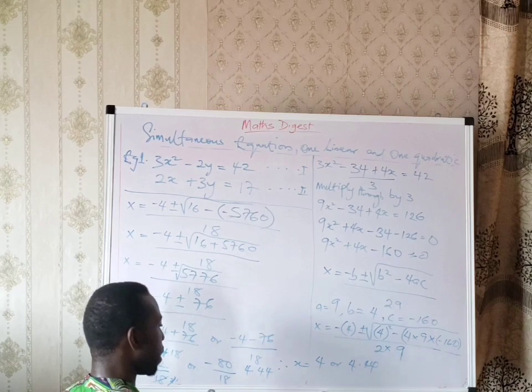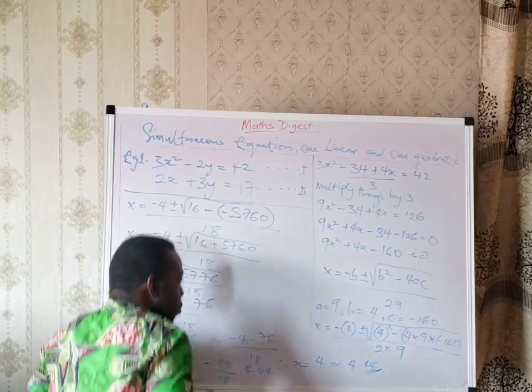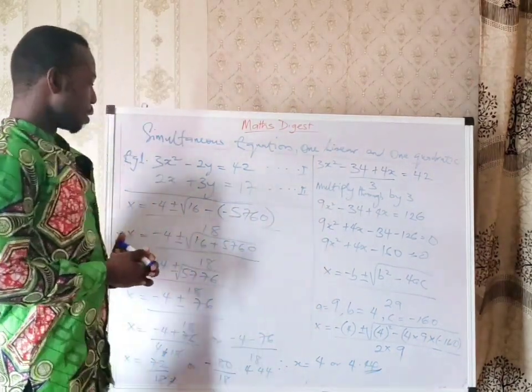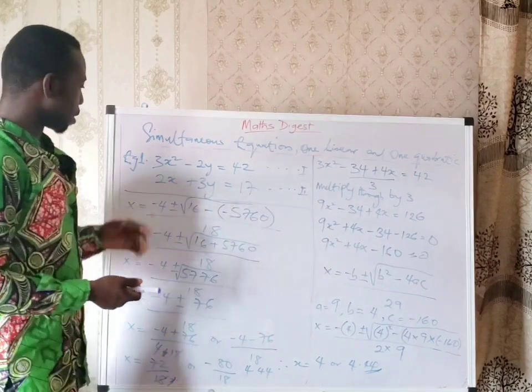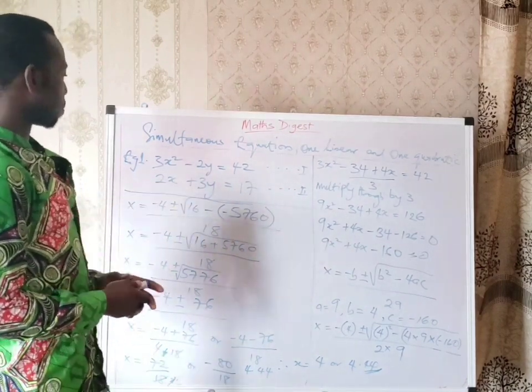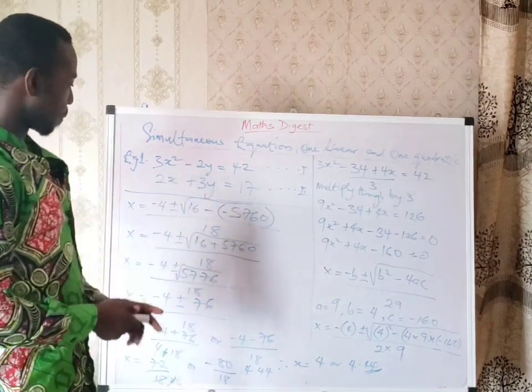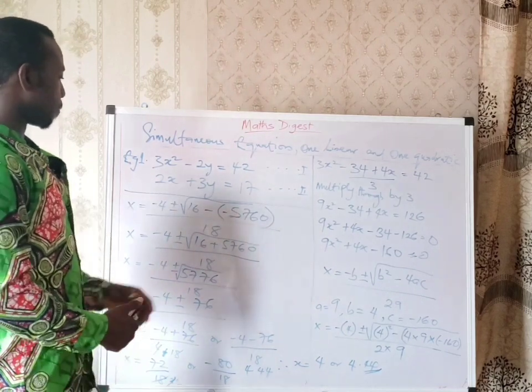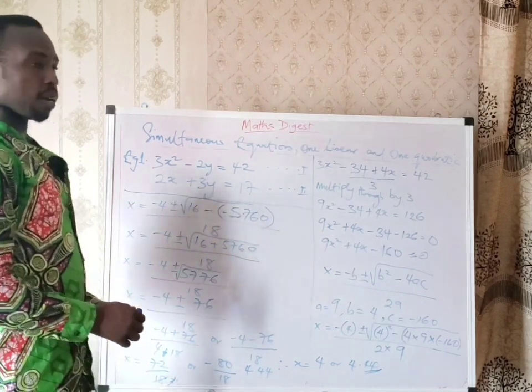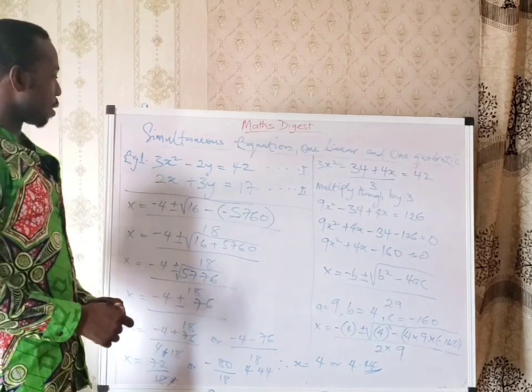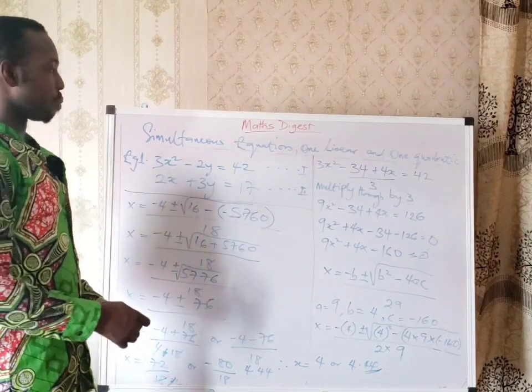Bearing this in mind, we are going to use this to substitute in any of the equations. We may use the simpler one, which is equation 2, so that we can find y. Are we together? Stay tuned while we prepare the board.